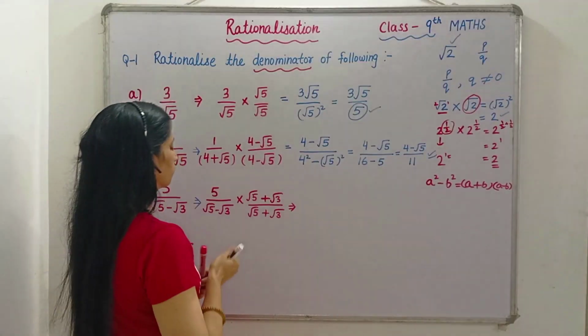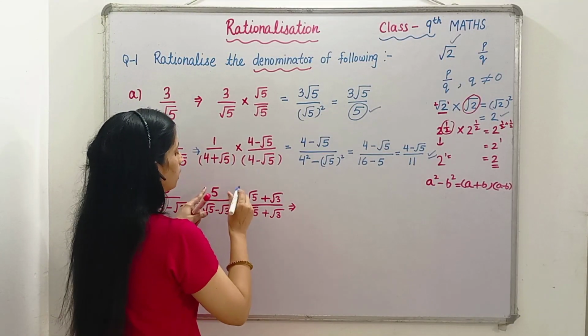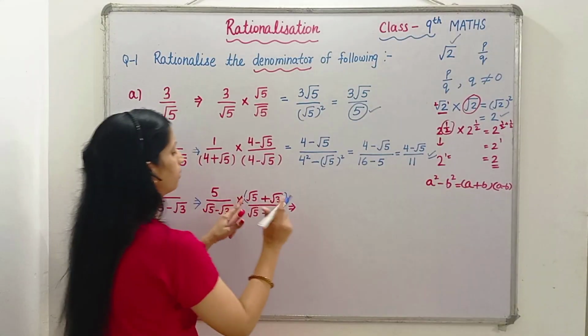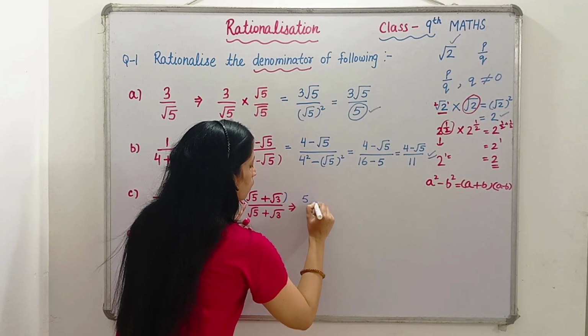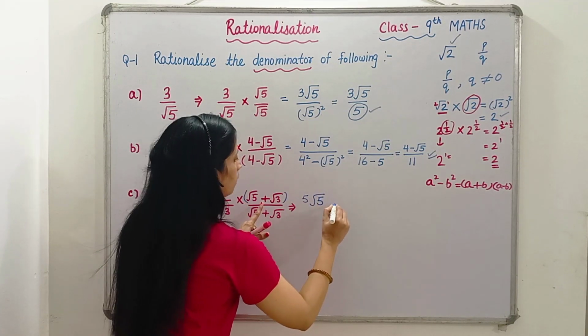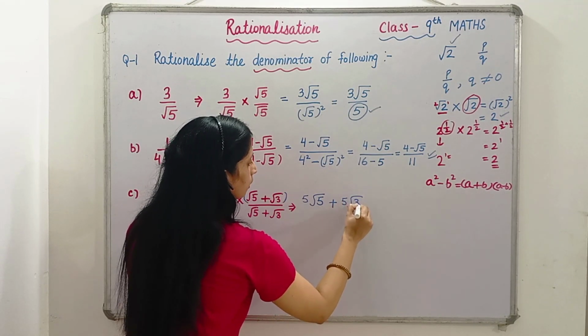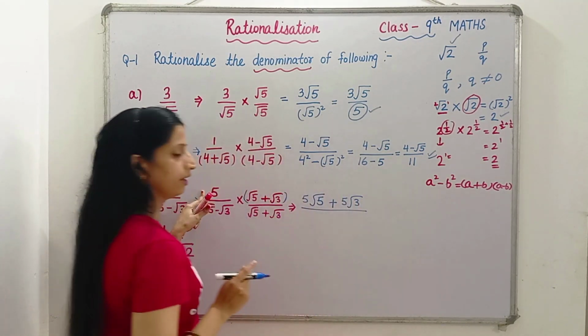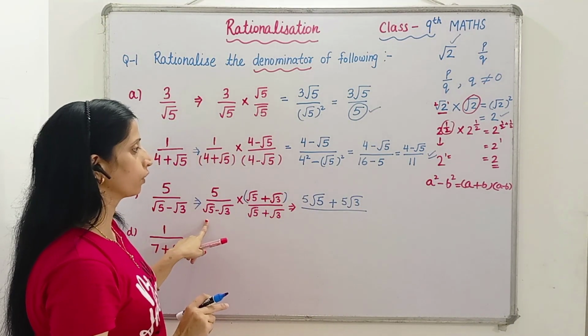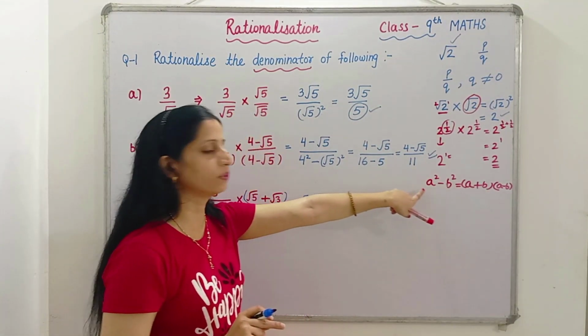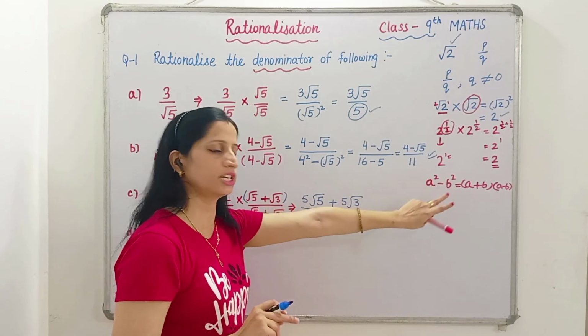Now here we are multiplying 5 to both the terms. So 5 multiplied by root 5, we will get 5 root 5 plus 5 root 3, divided by, now here again we are following the identity a minus b, a plus b, that will be equal to a square minus b square.